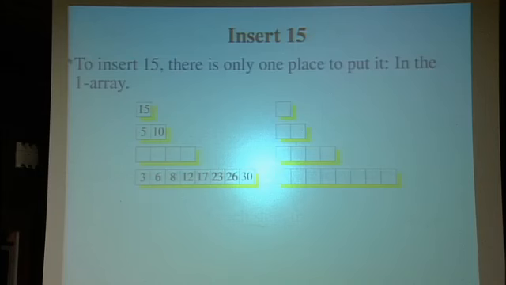So to insert 15 into this data structure, there's only one place to put it: the 1 array. If I'm trying to be lazy about how much work I want to do, and it turns out this is exactly what you want to do, you have an empty 1 array, a new element comes in, just put it in there.